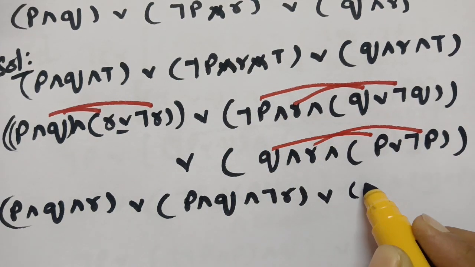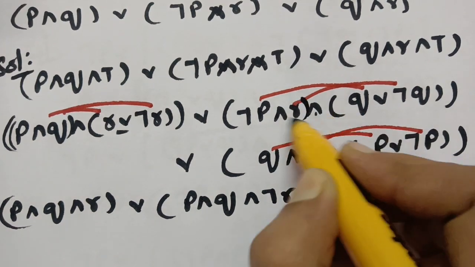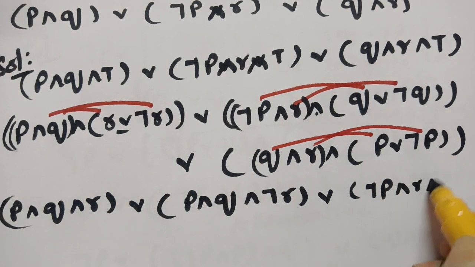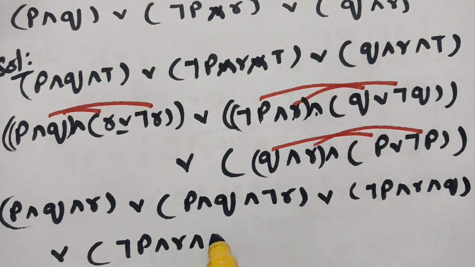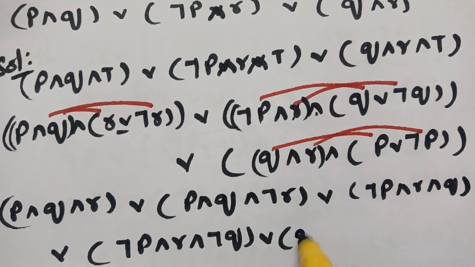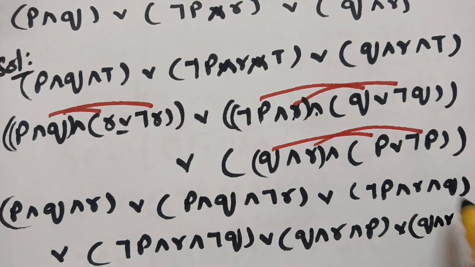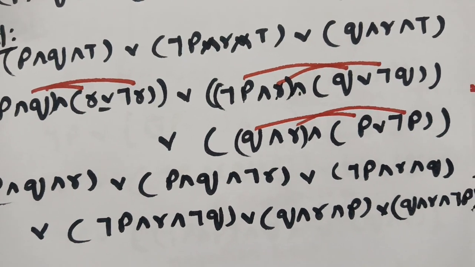This is negation P and, this is the whole bracket, negation P and R and Q, or this is negation P and R and negation Q, or Q and R. So this is Q and R and P, or this is Q and R and negation P. Clear?